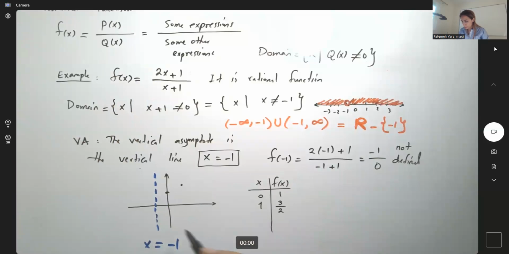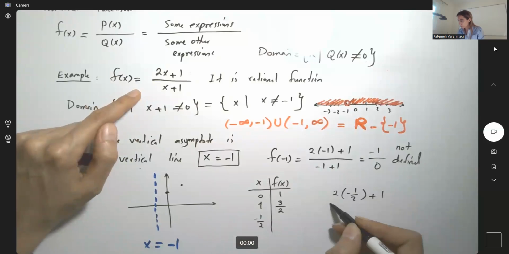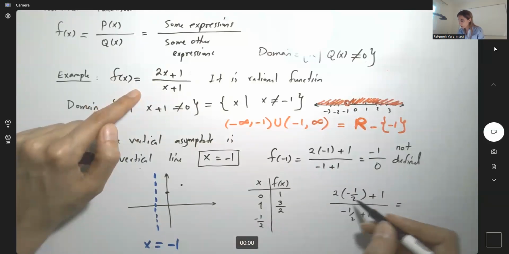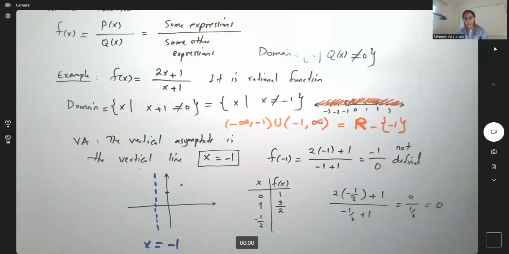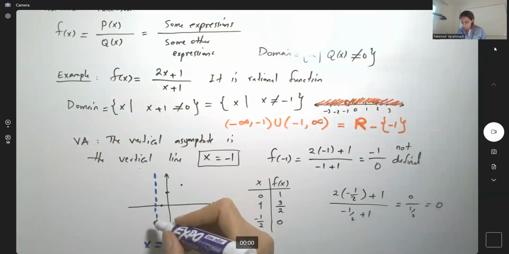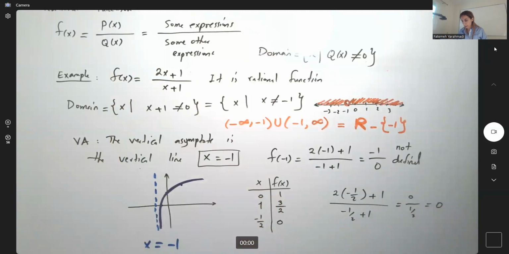And if we plug in, for example, -1/2 into this function, see what's the behavior. So I have 2 times -1/2 plus 1, which is -1 plus 1, which is 0, divided by -1/2 plus 1, which is 1/2. So if I plug in -1/2, I get 0, right? So this part of the graph behaves like this. It never touches the vertical asymptote, and it goes this way.